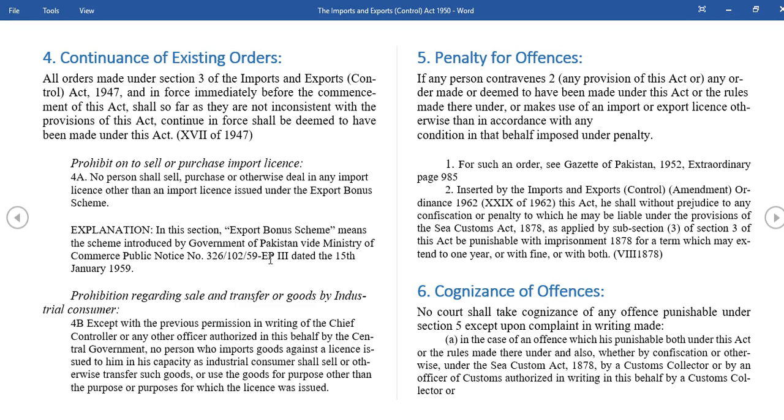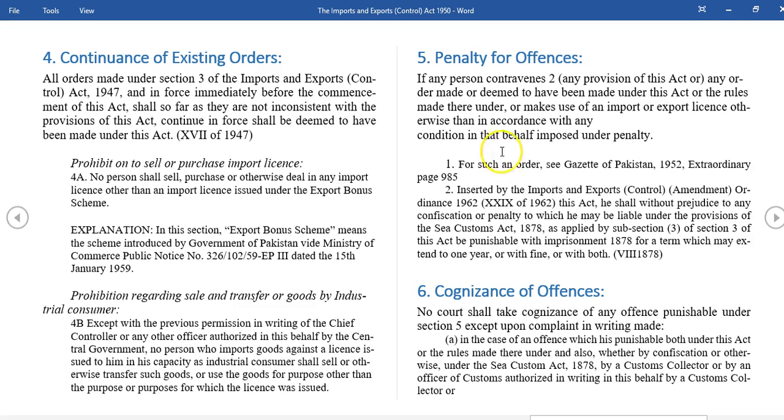Sections and subsections of that act will remain valid if they are not inconsistent with the Act of 1950. So if there is a provision in 1947 which is not inconsistent with the provision of 1950, that will remain valid. And about the penalty for violations of this act, by this act we mean the Act of 1950, the Export Import Control Act.